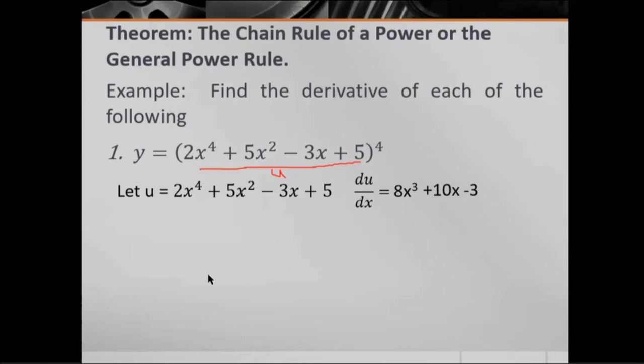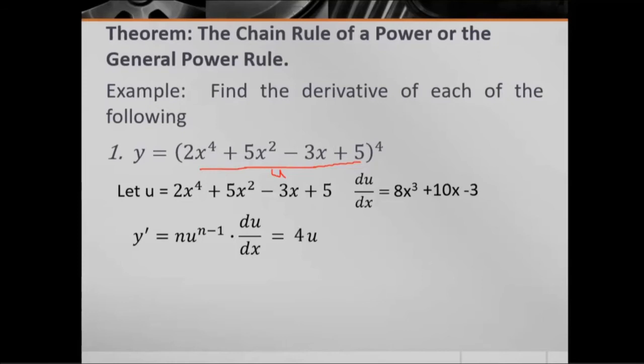Next. Let's use our power rule. So, we have y prime is equal to n u raised to n minus 1 times du over dx. Based on our power rule, the exponent of u is 4. So, the 4 goes down and becomes the coefficient of u.